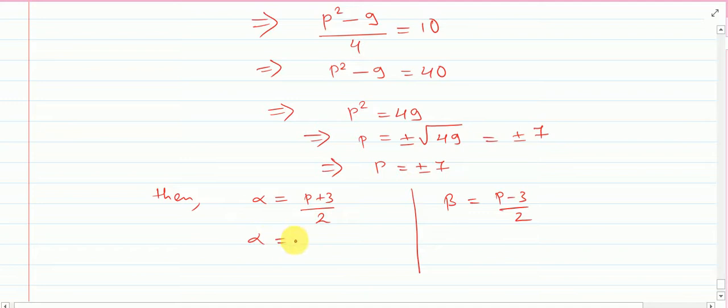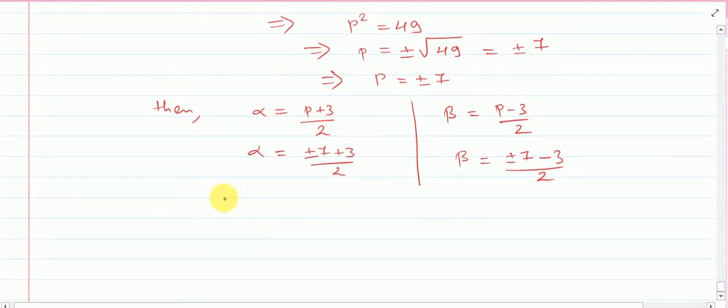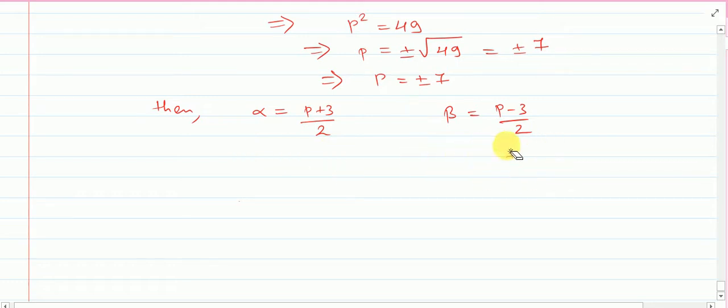So alpha equal to plus minus 7 plus 3 upon 2, and beta plus minus 7 minus 3 upon 2. Since we have got two values for p, what we'll do is, once we'll take plus 7 and once we'll take minus 7.